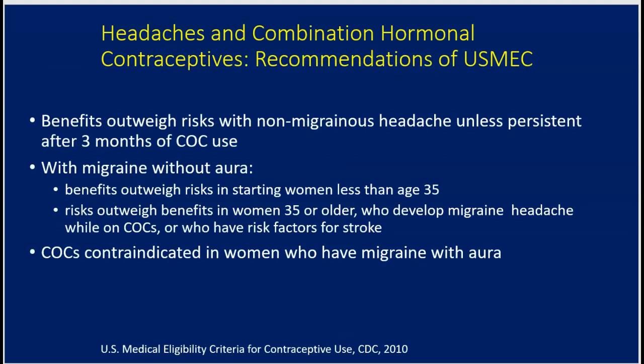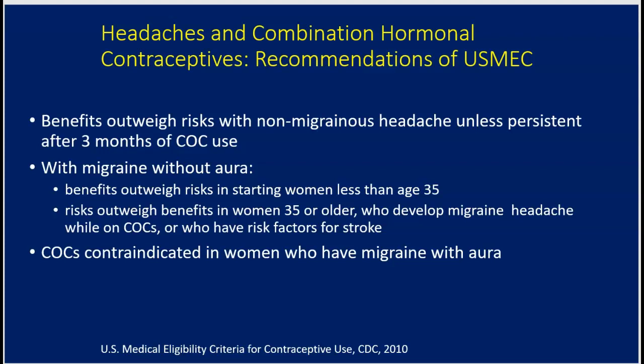So what's the recommendation of the US MEC group in terms of contraceptive use for women with headache? In general, they point out that the benefits outweigh the risk with non-migrainous headache unless there's persistent symptoms after 3 months of combination oral contraceptive use. With migraine without aura, clearly their viewpoint is benefits outweigh risk in starting women less than age 35.